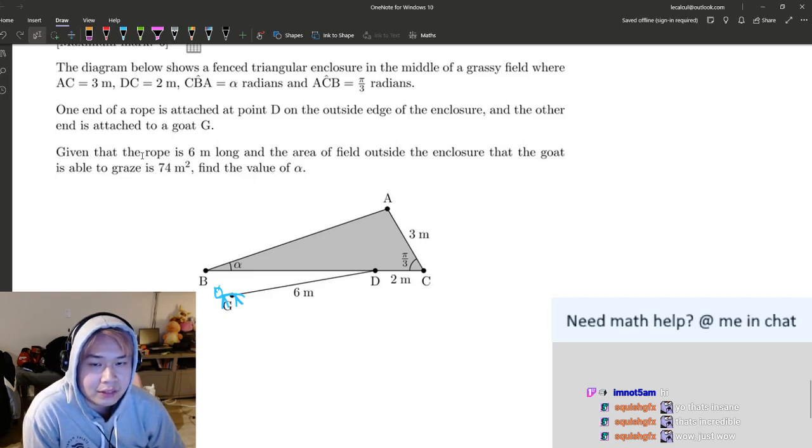Okay, given that the rope is 6 meters long and the area of field outside the enclosure that the goat is able to graze is 74.2 meters, find the value of A. What the hell? Okay.